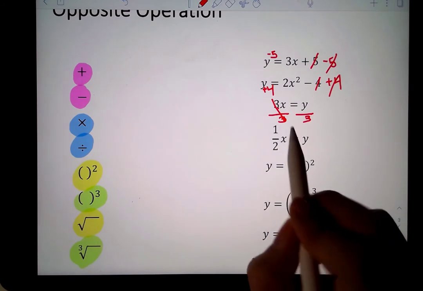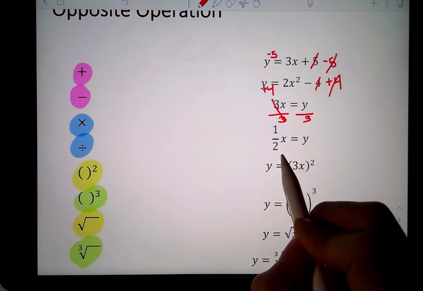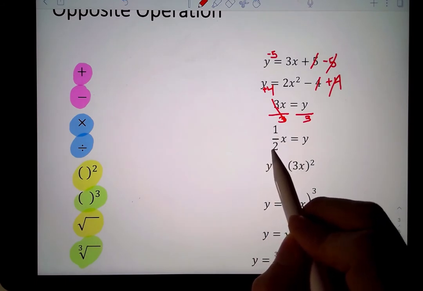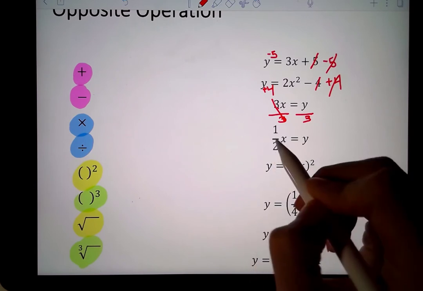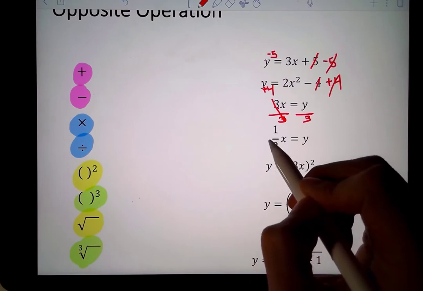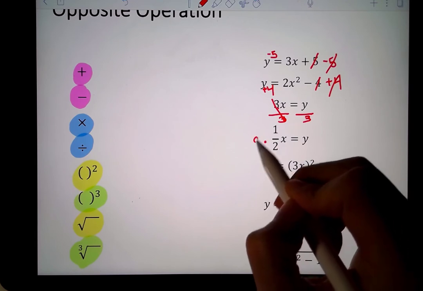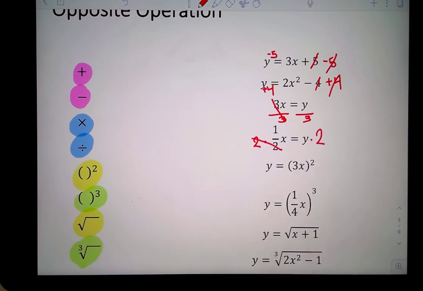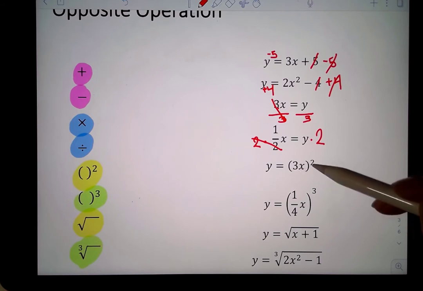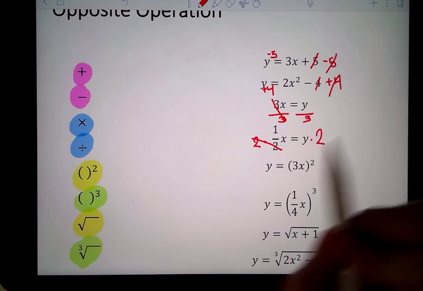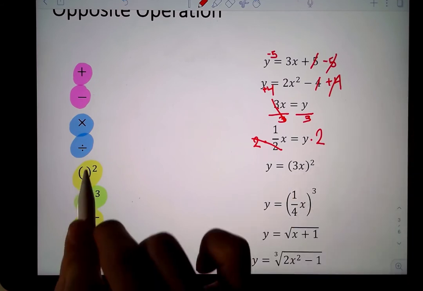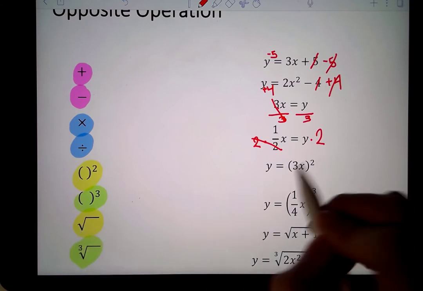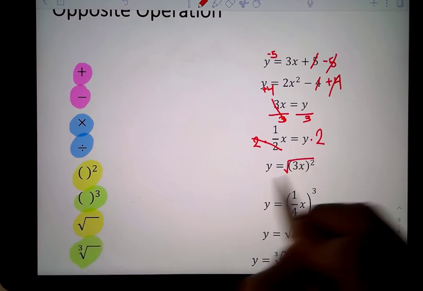And look, when you get 1 over 2, any fraction, then we multiply by the denominator. So you have 2 here, because that's over 2, that means divided by 2. So times 2, times 2, like this, right? And the next one, do you see the square? You want to solve it for x, then you need to get rid of the square. So to get rid of the square, we take the square root.